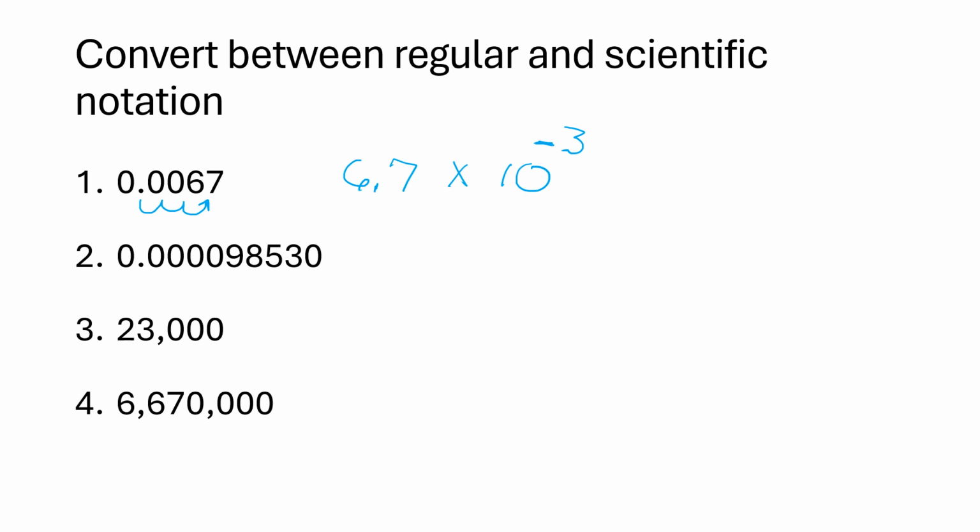For this next number, I'm going to have 9.8530. Oh, I forgot to mention this on the previous slide, so I'll write that in here. The original number in normal notation and our answer in scientific notation need to have the same number of significant figures.